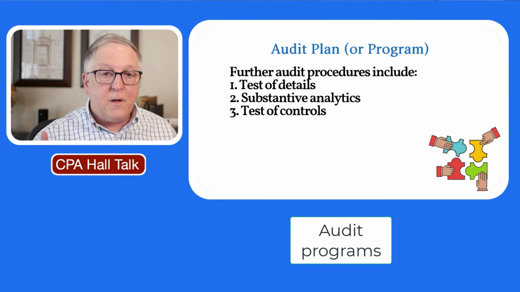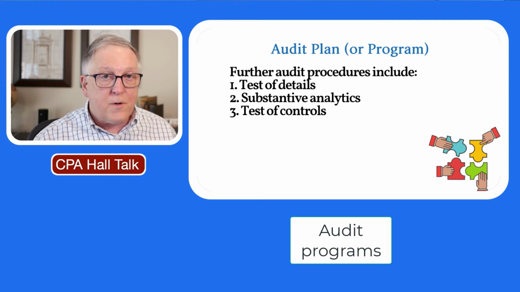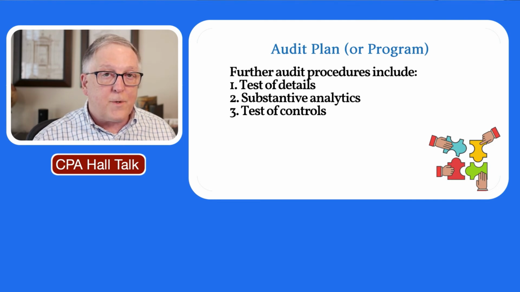Quite often we can use, say, just a test of details to respond to a particular risk related to a relevant assertion. And as you develop the audit program, you are assigning the relevant assertions to these audit steps.